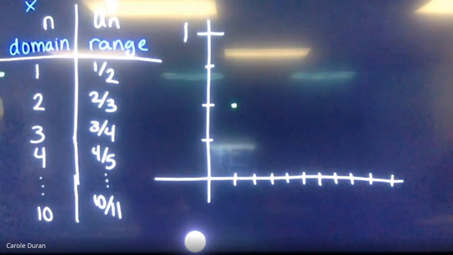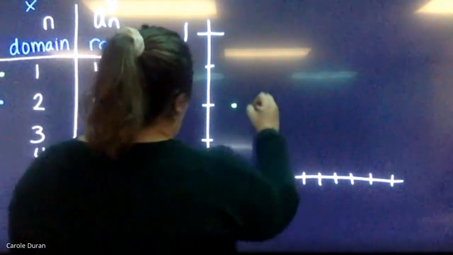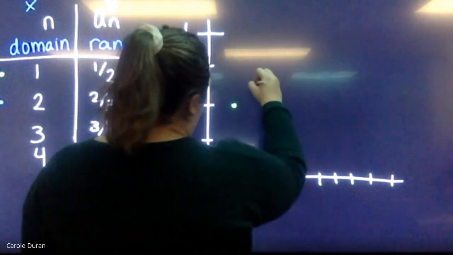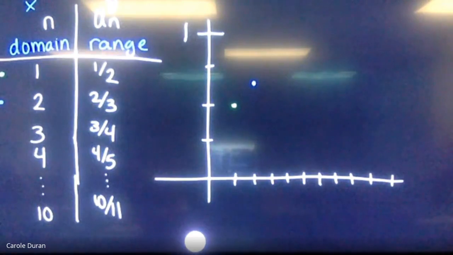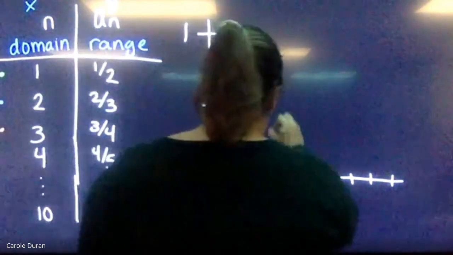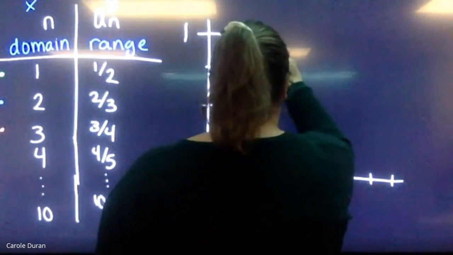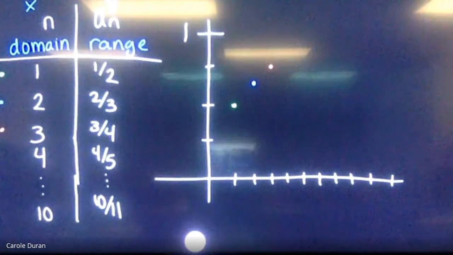I'm going to do the same thing for 2, 2/3. I go to x equals 2. I go approximately to where 2/3 is at. Then I go to 3, 3/4, and I just keep plotting these to the best of my abilities. I understand that it won't be perfect because we are freehanding this.